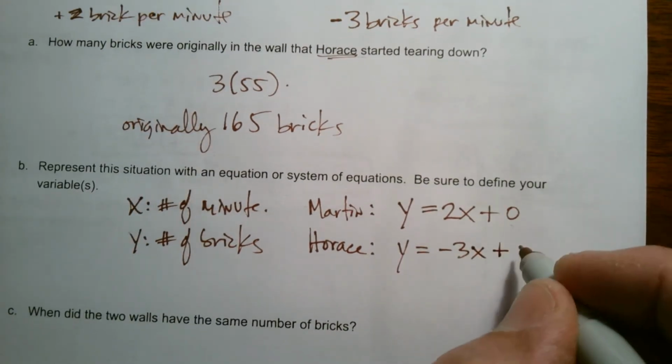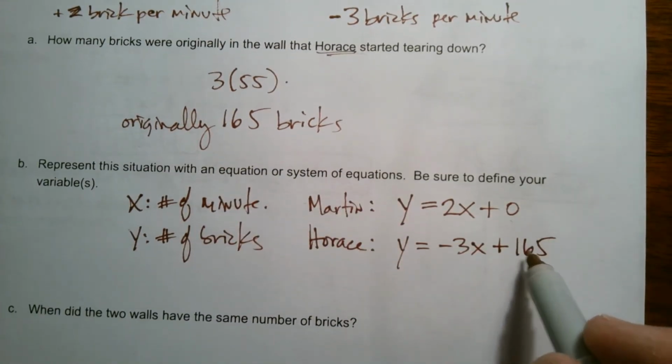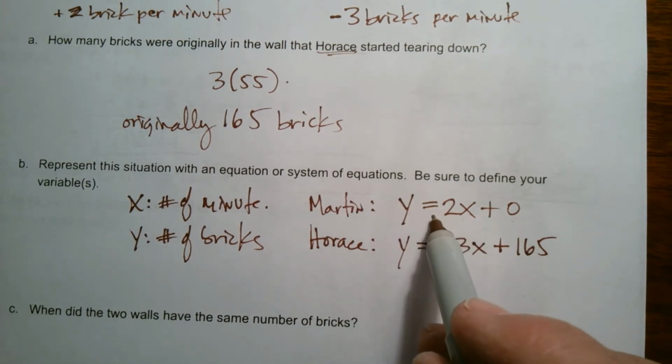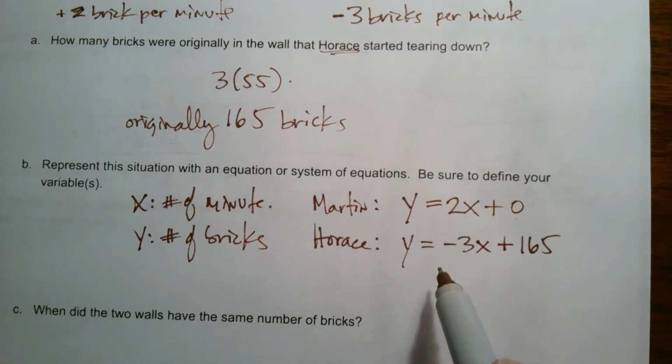And originally, we figured out up here, there were 165 bricks. So he starts with 165 bricks, but he's taking down 3 bricks every minute. At the same time, Martin started with 0 bricks, and he's adding 2 bricks per minute.